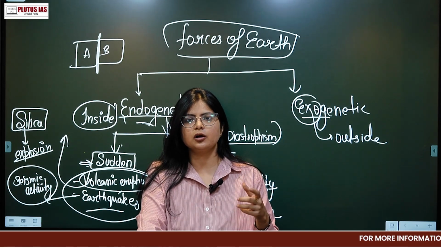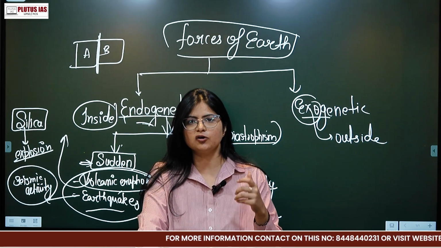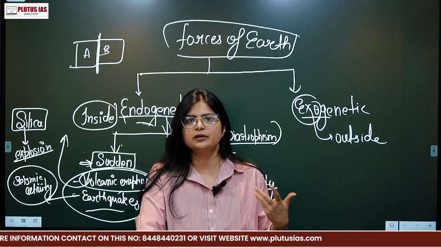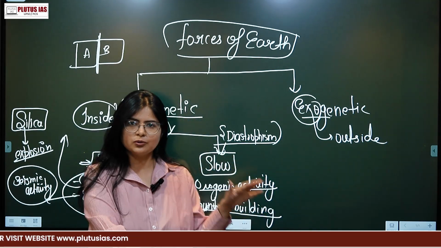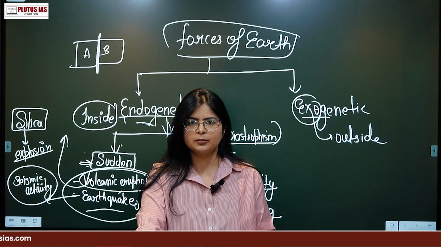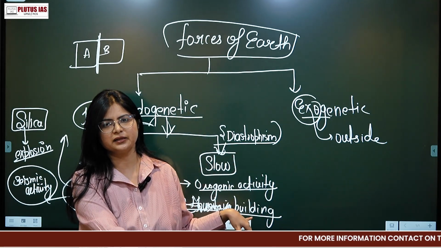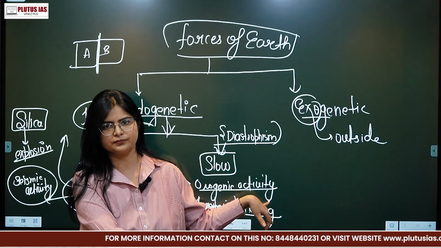For example, Mount Everest is growing every year. That is a form of mountain building process, an orogenic activity, but we cannot see that. These are processes which do happen, which do exist, but one cannot see. So this mountain building is an example of diastrophism.